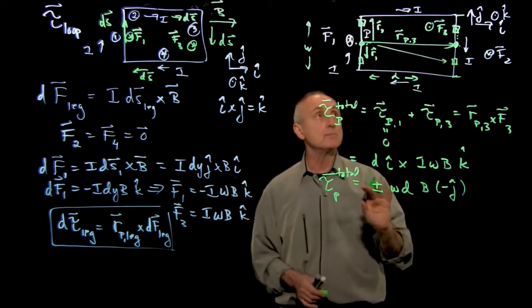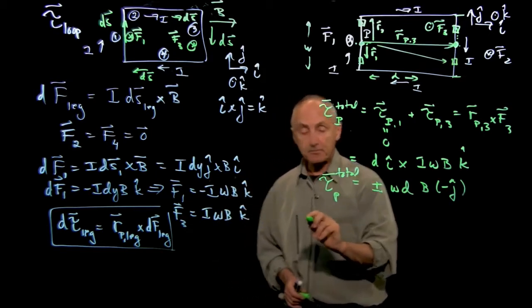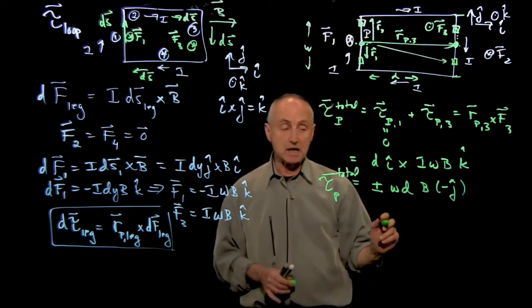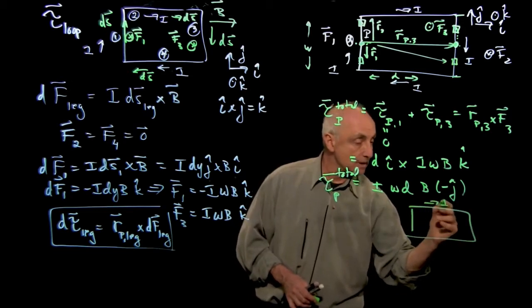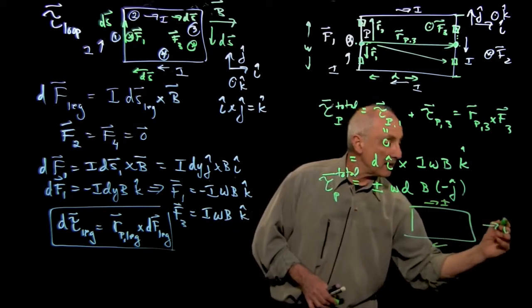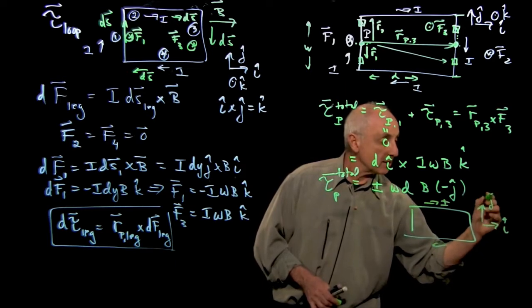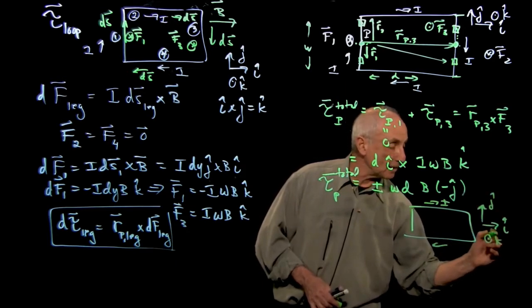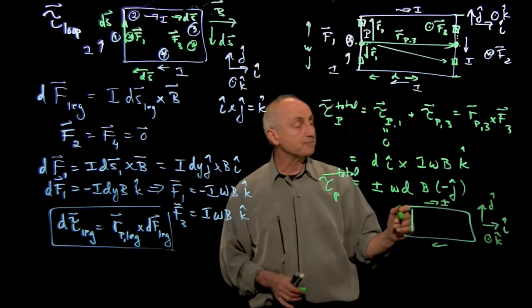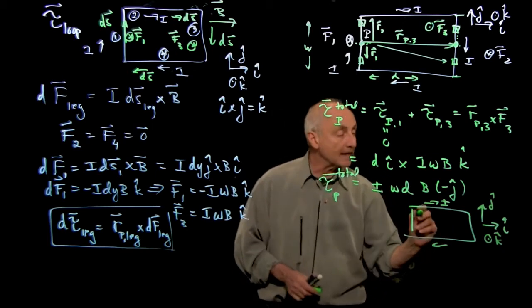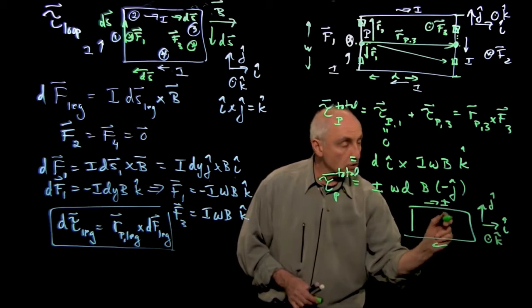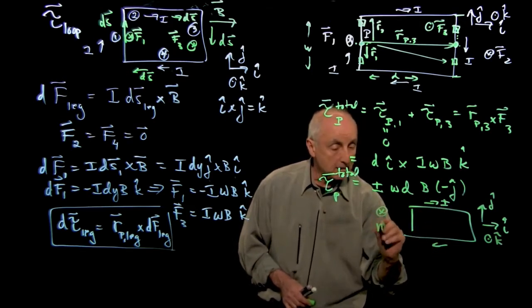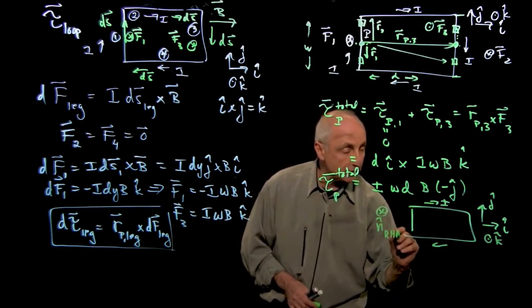Now, let's think about our loop again. And this is where the magnetic dipole comes in. Our loop has a current like this. We had I hat, J hat, and K hat. And our magnetic moment, by the right-hand rule, as you look at this loop, n hat, right-hand rule, is into the page of the figure.